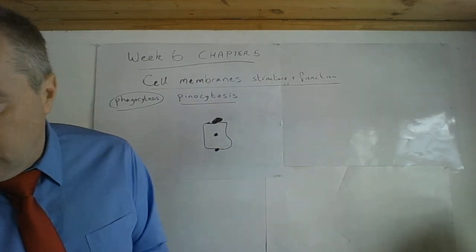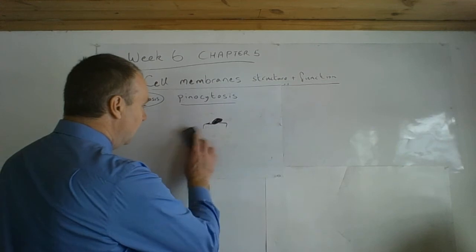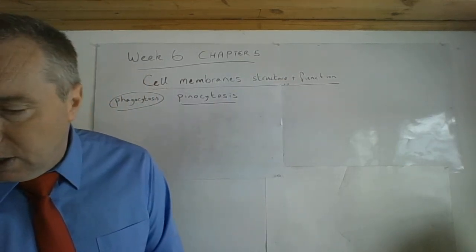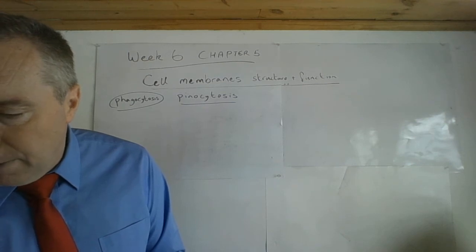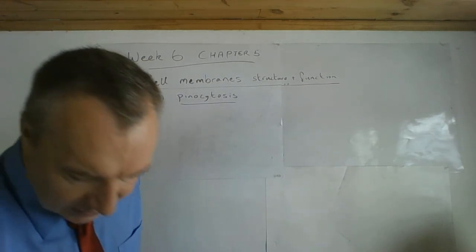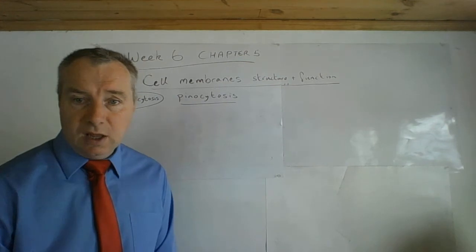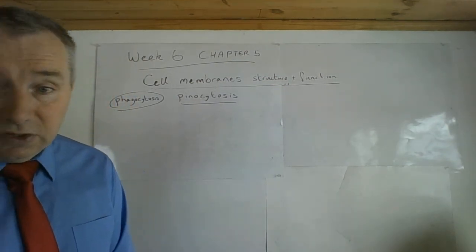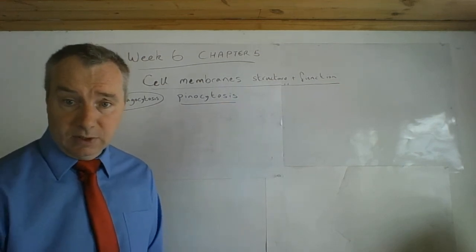And then we have channel proteins, which are somewhat similar but more passive in that channel proteins are hydrophilic in parts, and that allows passage of some of those polar things we were talking about.